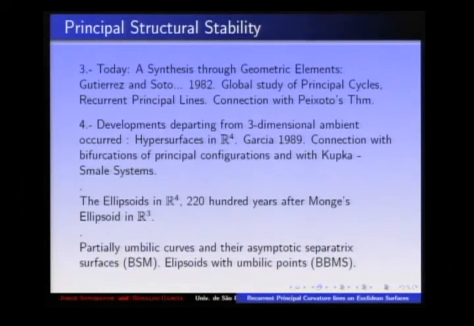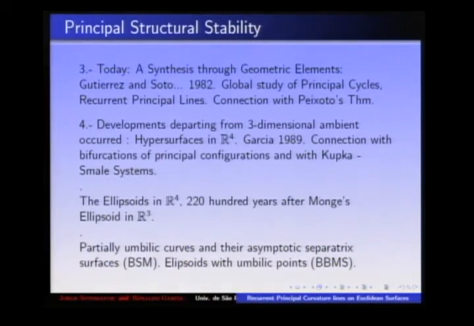And then recently, in a paper published in the Boletim da Sociedade Brasileira de Matemática, the Bulletin of the Brazilian Mathematical Society, we extended these ideas of the principal configurations of Monge for ellipsoids in R3 into ellipsoids of R4.